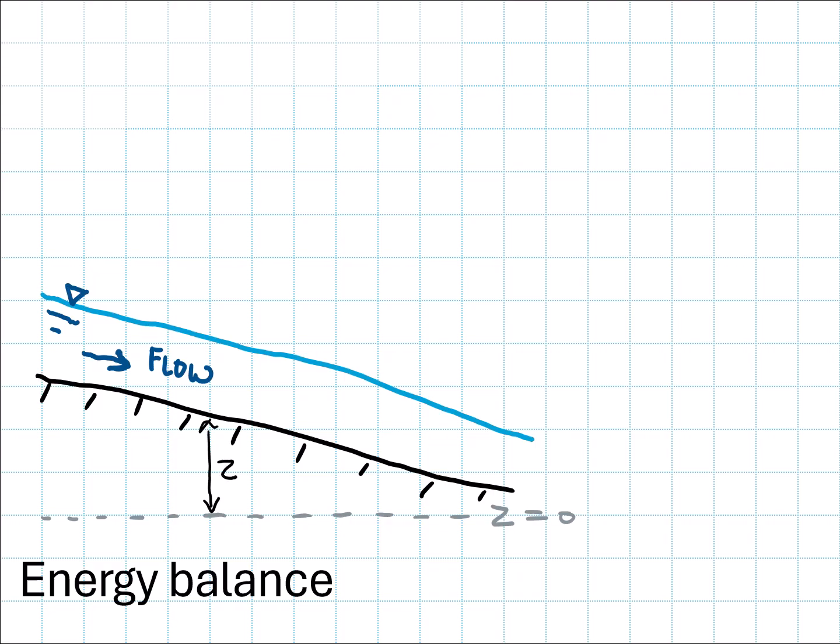And then I've got my free surface of flow right here. My flow is moving from upstream to downstream. And again, at any point in the channel, I can calculate the pressure head as that depth of flow. Remember y. And then, of course, I've got my velocity head above that.